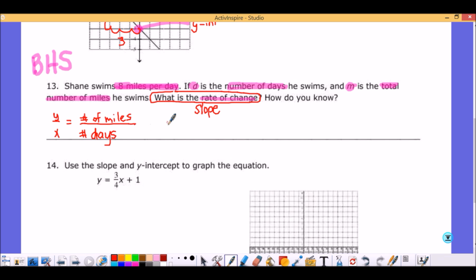That's right, it would be the 8 miles per, which means for every day. That means 1 day. So he swims 8 miles in 1 day. So how do you know? So this is how fast or how far Shane swims. So that represents the rate.